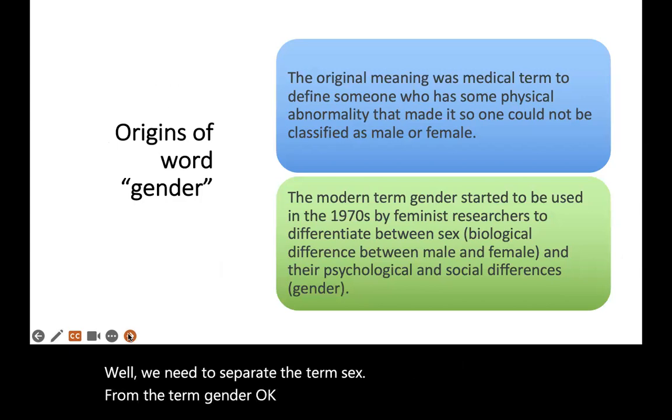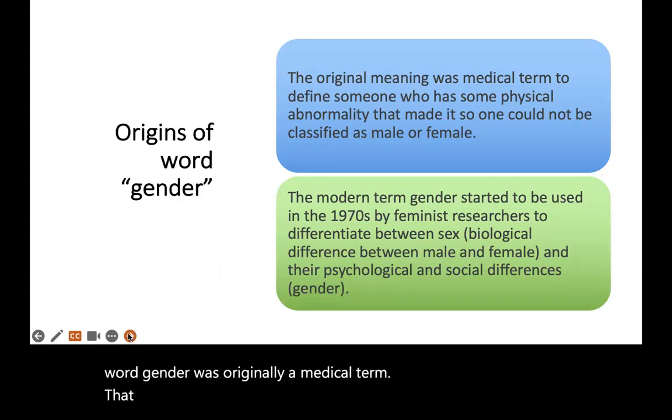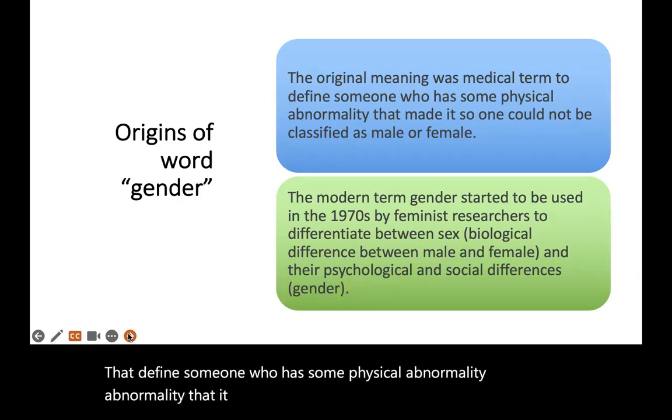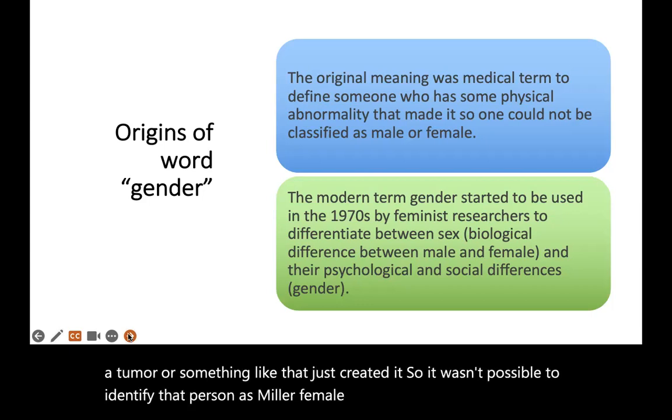Because believe it or not, the word gender was originally a medical term that defined someone who has some physical abnormality that made it impossible to classify them as male or female. So a tumor or something like that made it so it wasn't possible to identify that person as male or female. That's the original use of the term gender.